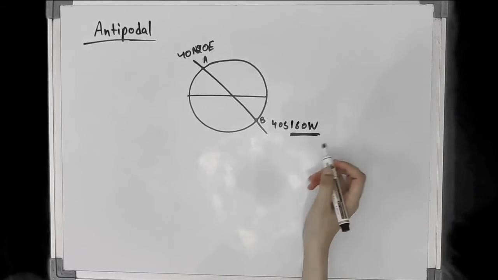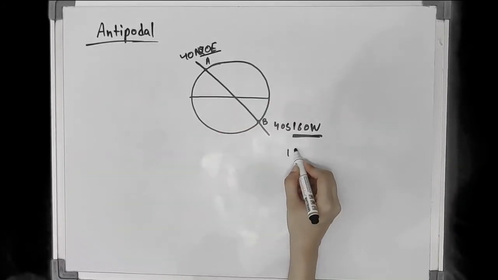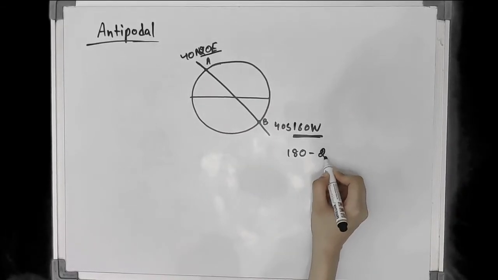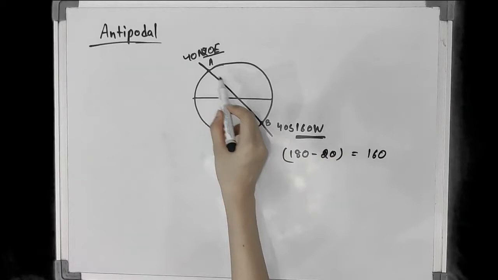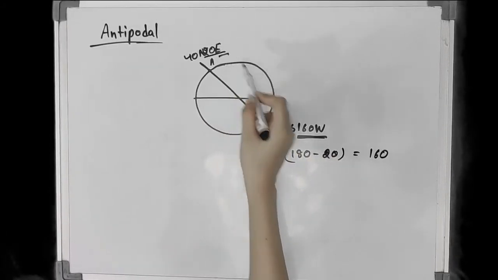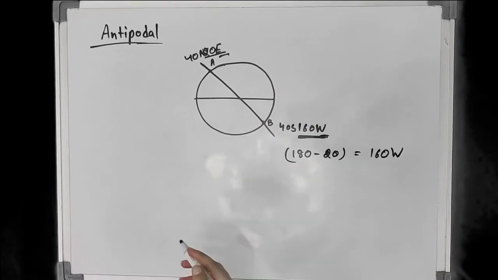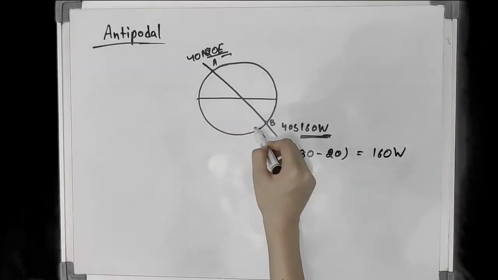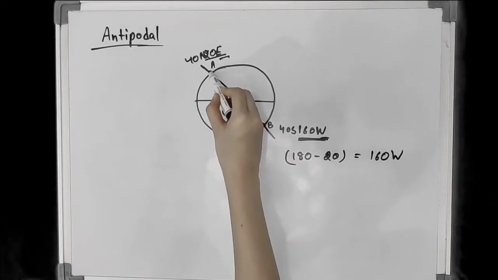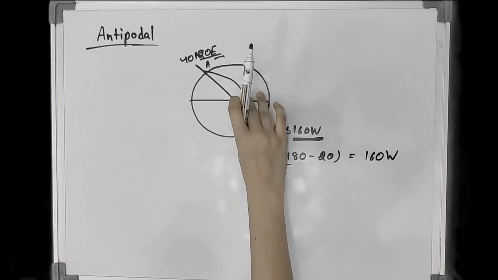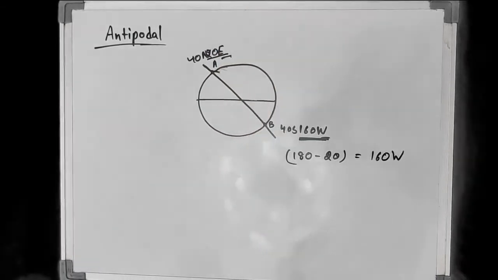So this 160 is actually the reciprocal of this longitude, that is 180 minus 20 degrees, which comes out to be 160 degrees, and it is in the opposite direction, so east becomes west here. So 160 degrees west. Antipodals will be on opposite hemispheres, as you can see, and one would be on the meridian and the other would be on the anti-meridian.